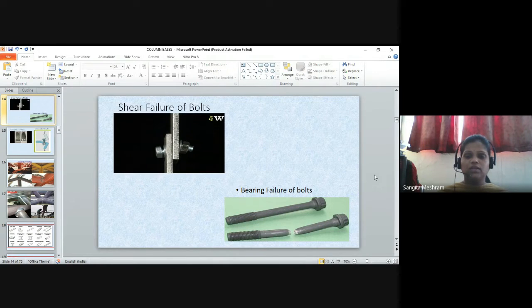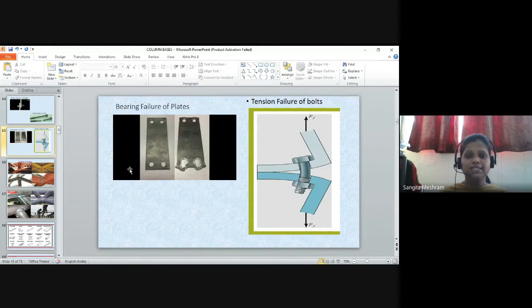Okay, if you are not getting any point, you can ask me or you can ask any questions also. Then this is the bearing failure of plates. The plate will get crushed due to the higher material or standard or properties which are related to the bolt. Okay, bolt is having higher efficiency, so in that case the failure is because of this plate.